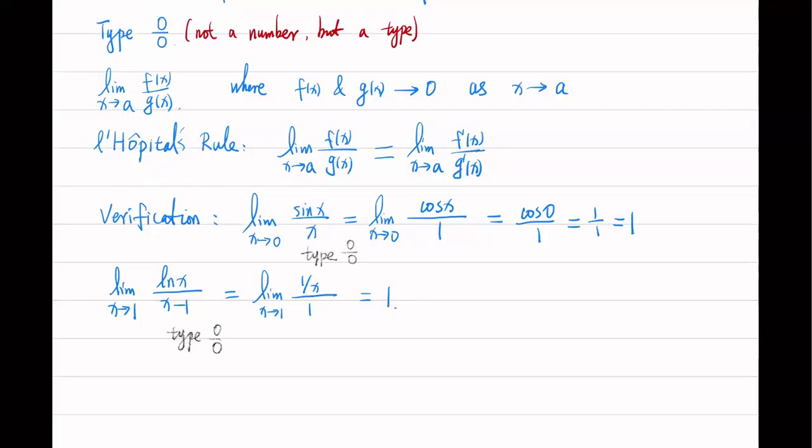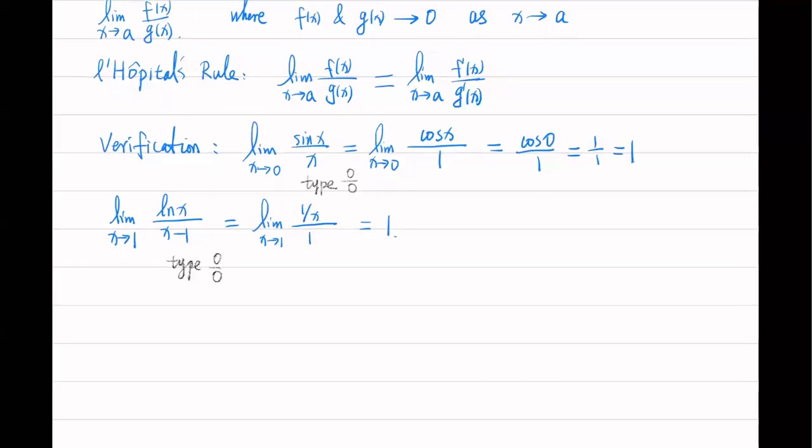And the last example we had is about this limit. Do you remember this one? Okay, let's redo this.